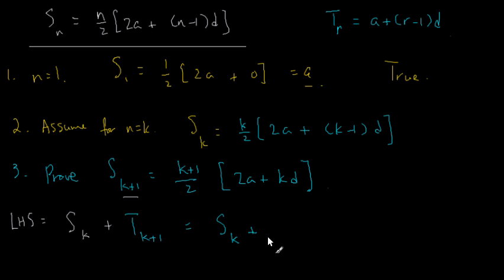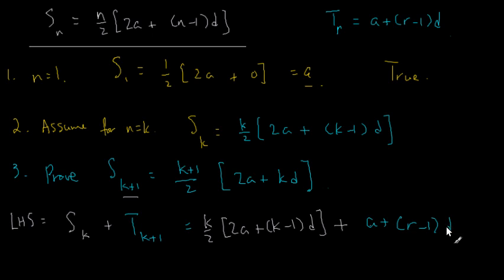Now what I should do is start using this assumption, because S_k is actually this. So S_k is k over 2, 2a plus (k minus 1)d, plus T_(k+1), which is a plus (r minus 1)d.